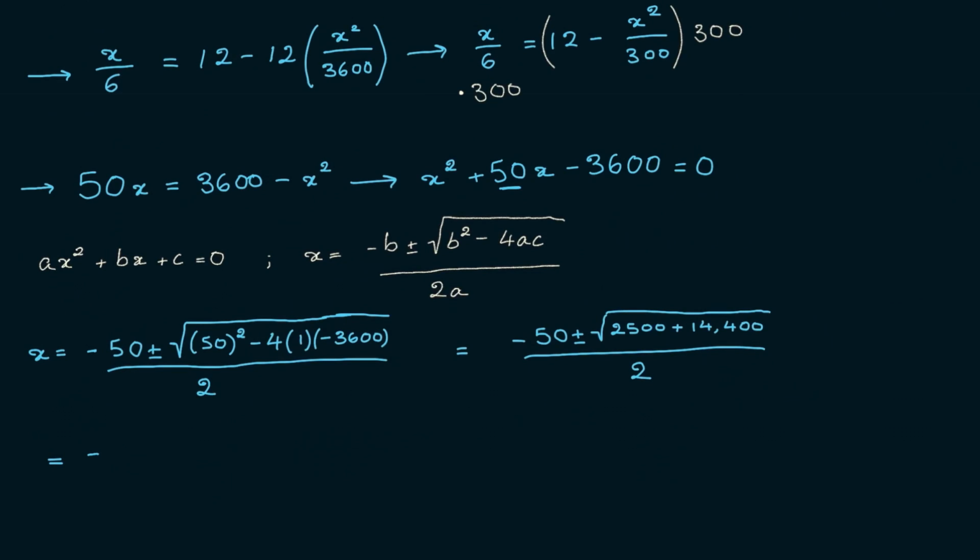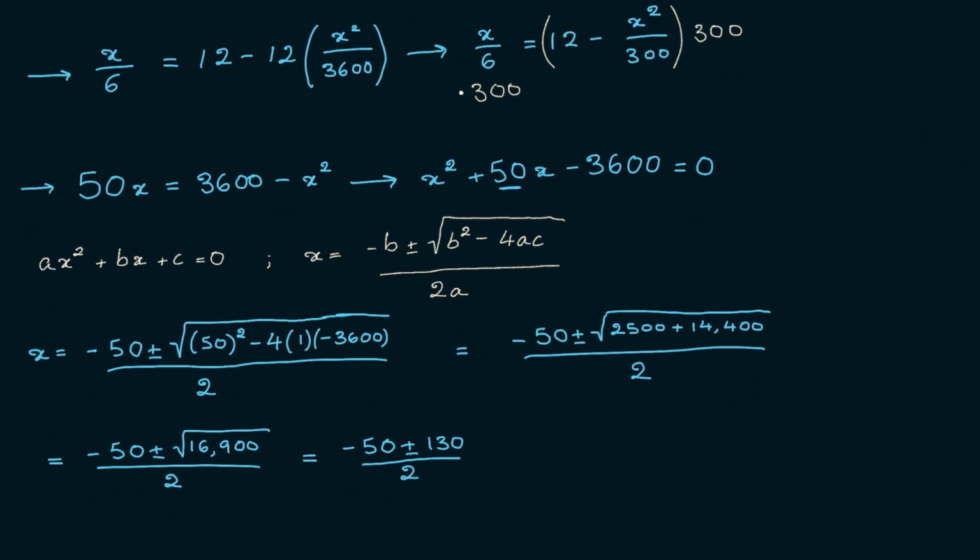Let's simplify it further. Negative 50 plus or minus square root of 16,900 all over 2. And the square root of 16,900 is 130. So x will be negative 50 plus or minus 130 all over 2.